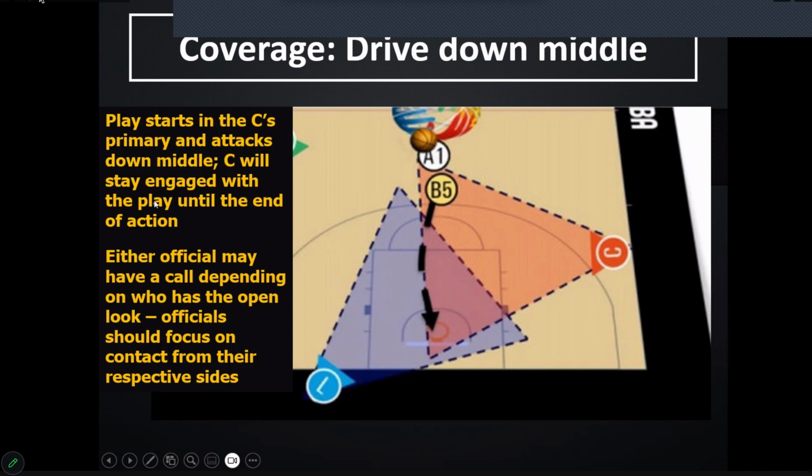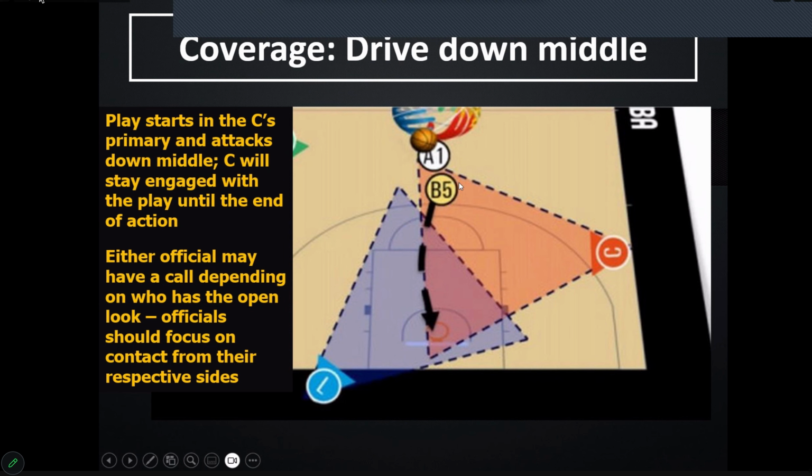So here's kind of what we're talking about, right? Play starts in center's area. Okay. Attacks the middle of the court. Okay. Has that play to the basket, stays engaged with the play.